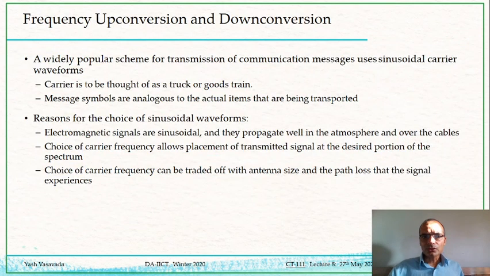Okay, so first of all, why do we need to do frequency up conversion at the transmitter? The reason is that although ultimately we are interested in transmitting the symbols which carry our bits, as we have seen by that bits to symbol mapper, the problem is that the symbols by themselves cannot travel far away, whether it is rectangular pulses or raised cosine pulses.